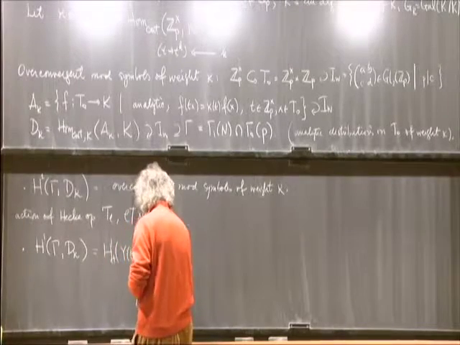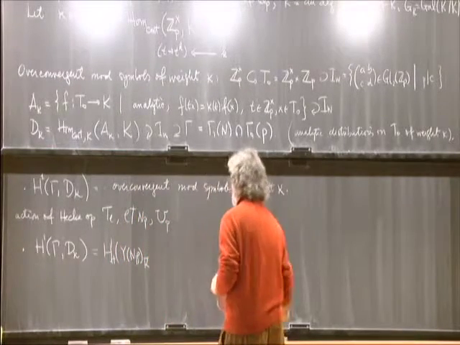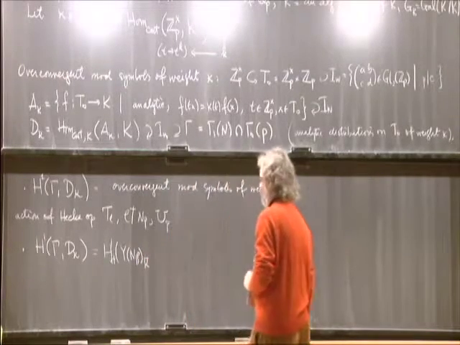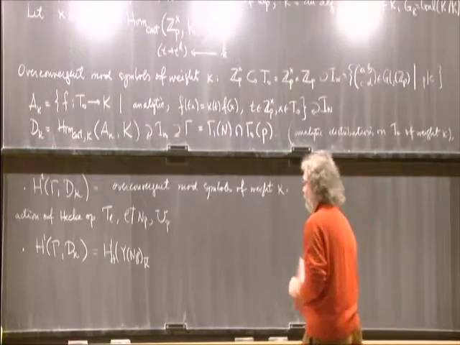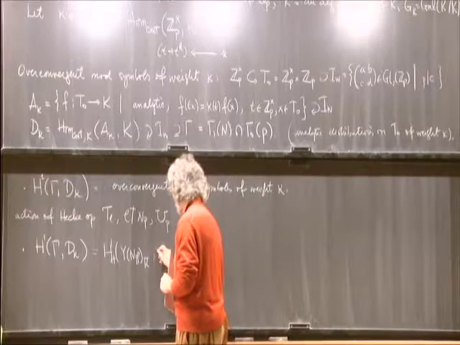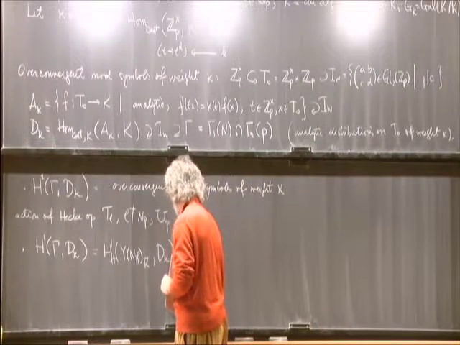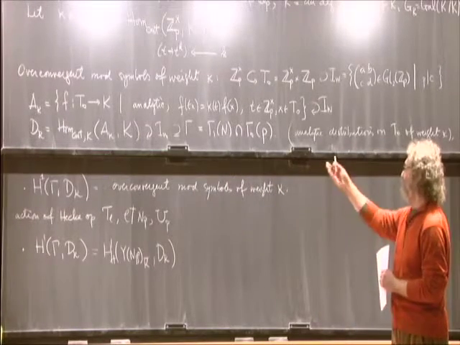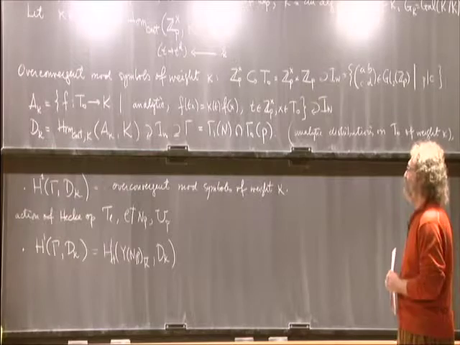I would like to think about this, I mean, this is a curve over Q. I'm going to base change over K bar, and we can think about cohomology with coefficients in this large module.